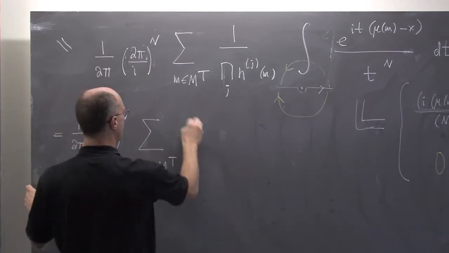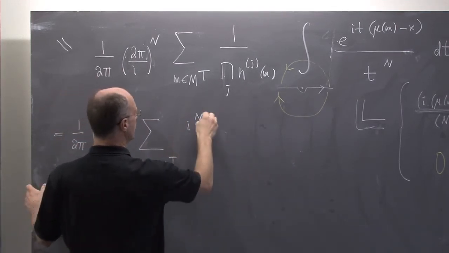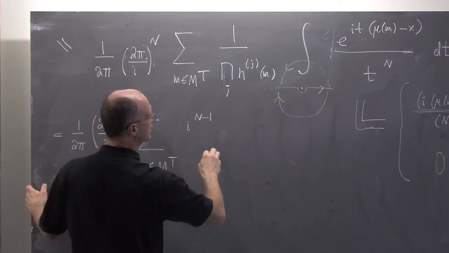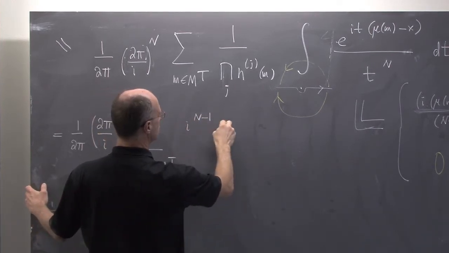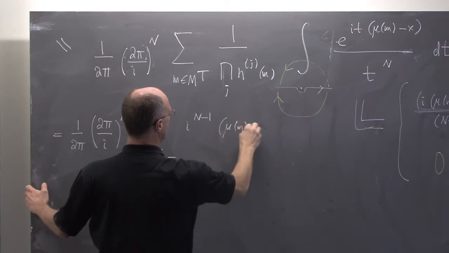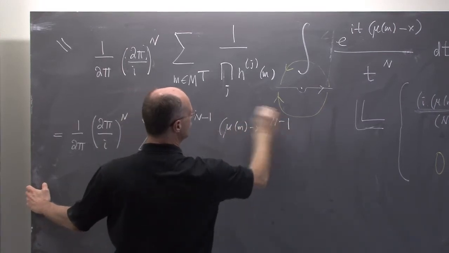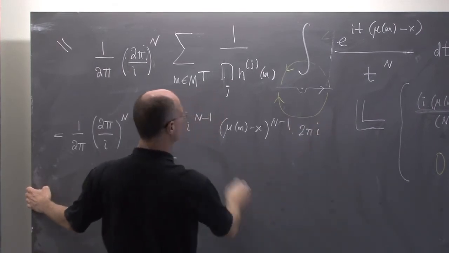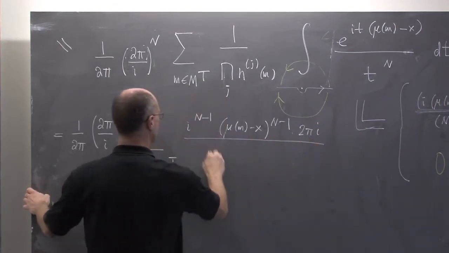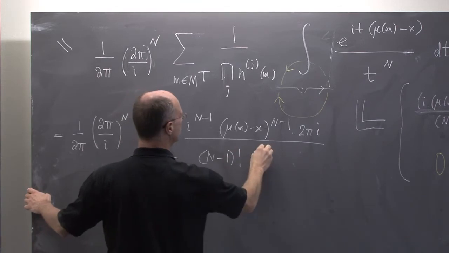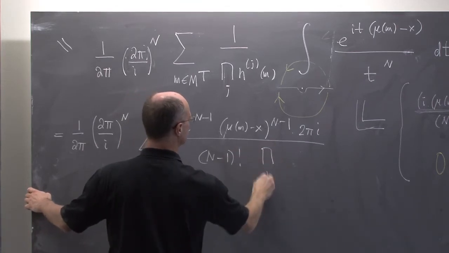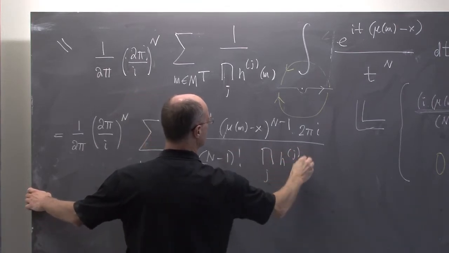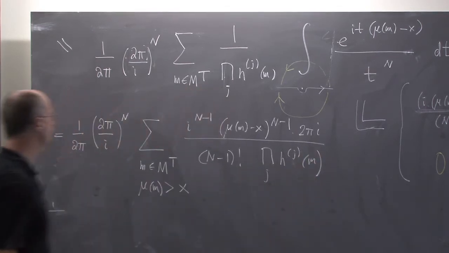And here i to the power n minus 1, mu of m minus x to the power n minus 1, 2 pi i, n minus 1 factorial, product over j of the weights alpha_j of m.